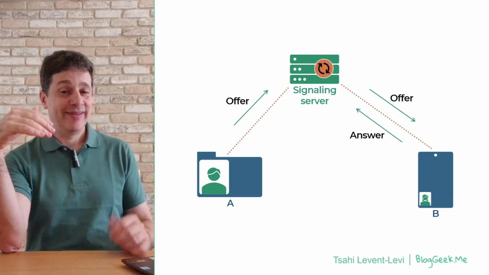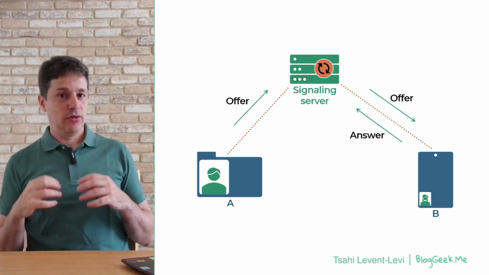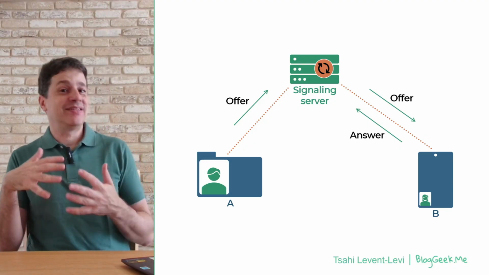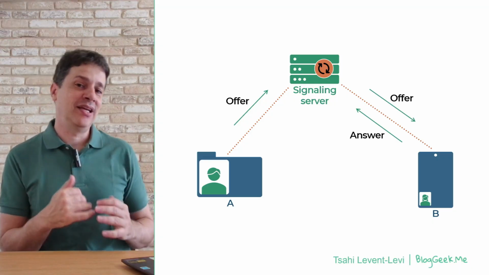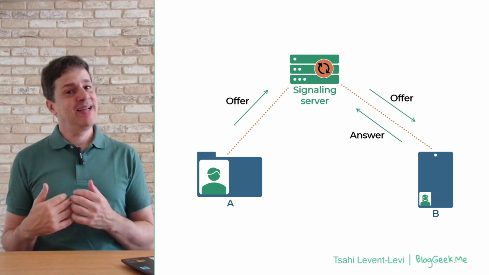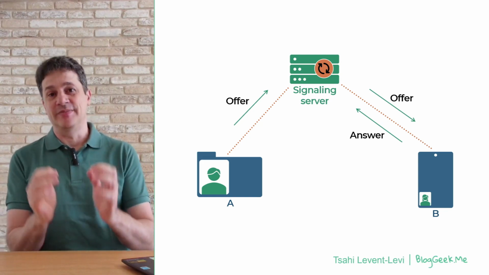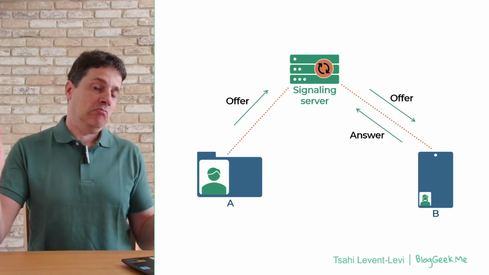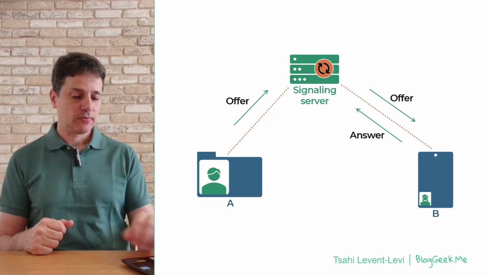The answer is again an SDP message with an answer component to it that says, well, you know what, these are the things that I support and these are the things that I selected from what you are supporting. Let's start a call. And again, that message itself, besides the SDP part, is out of scope of WebRTC. How it is being sent, you decide in your application.